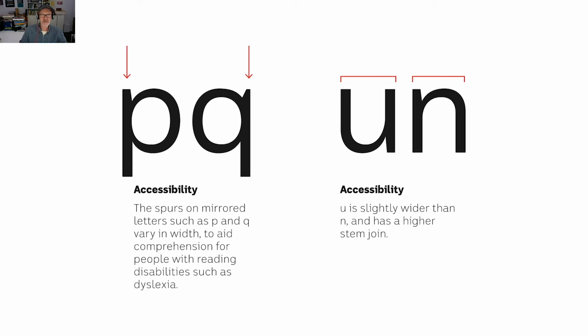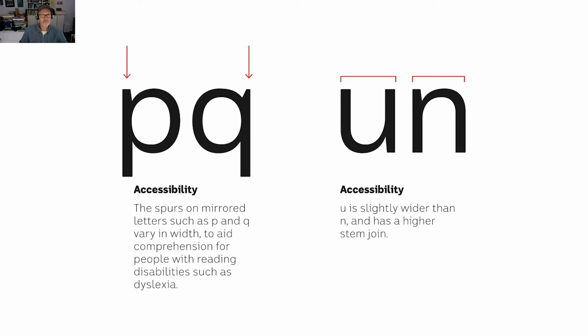The ABC has a mandate to provide content that is as accessible and non-discriminatory as possible, and that includes people with, for instance, reading disabilities such as dyslexia. And mirror image letters can be a real problem for people with certain forms of dyslexia. There are many mirror image letters throughout the lowercase alphabet, and here's just a couple of example pairs.